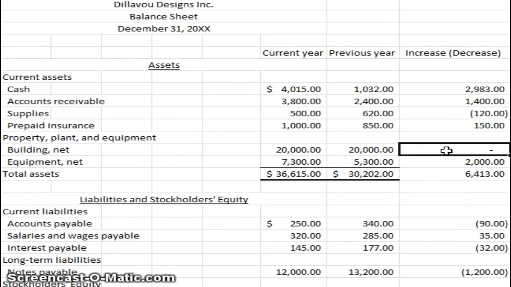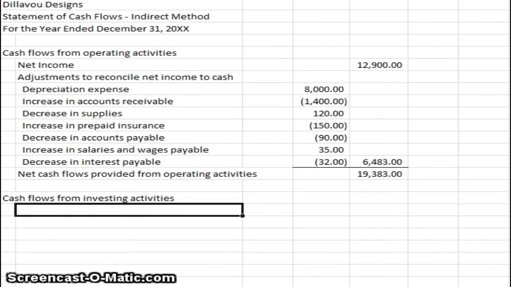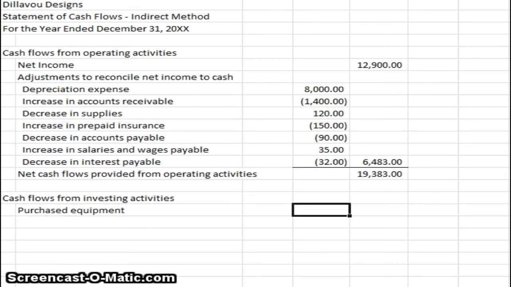Building, again, we already analyzed these, so we know nothing went through buildings, and we had a $10,000 purchase in equipment and $8,000 in depreciation. The depreciation we've already taken care of. Now we need to take care of that $10,000 we purchased in equipment. So here we're going to put purchased equipment, and that's a cash outflow.